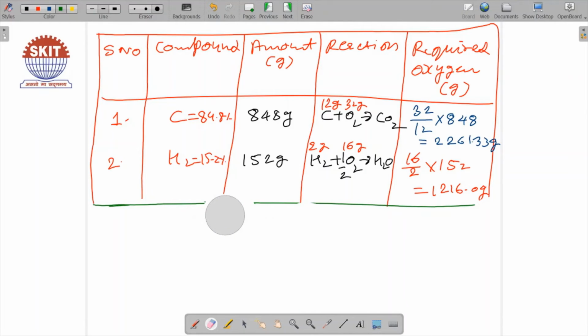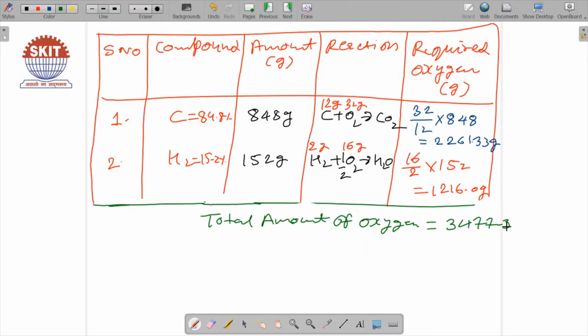Now we will calculate the total amount of oxygen. So the total amount of oxygen is 3477.33 gram.